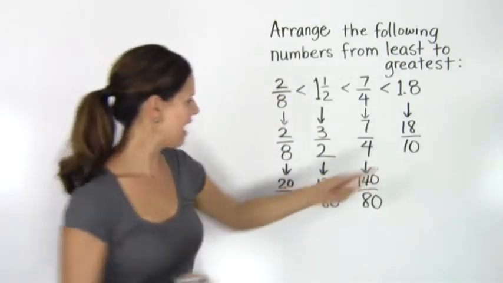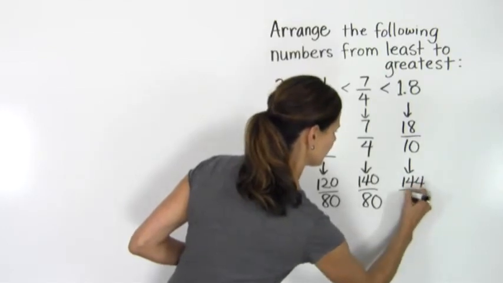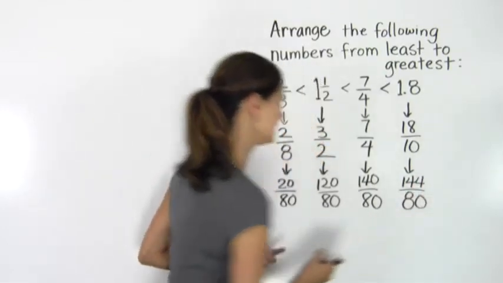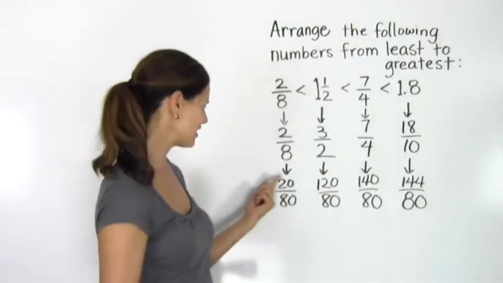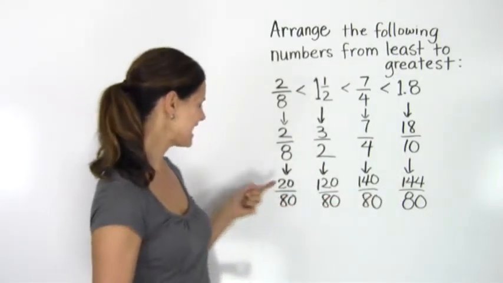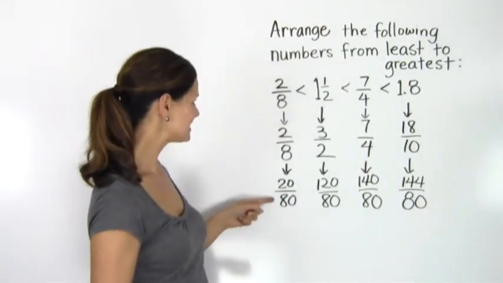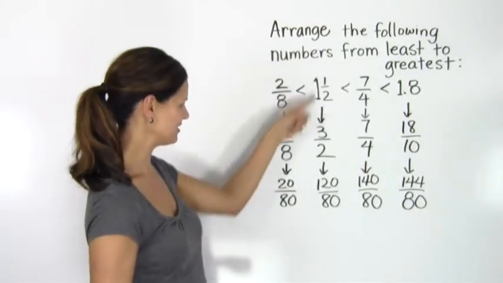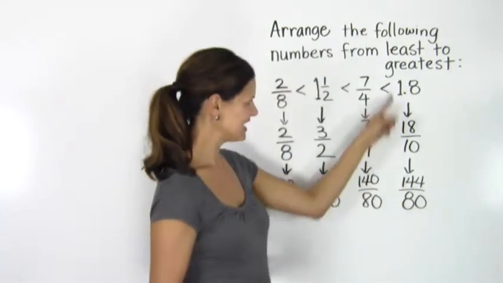And then we would have this last one here at 144/80ths. Now that we have common denominators, we can look at their numerators and see that they are indeed in order. 20/80ths is less than 120/80ths, is less than 140/80ths, is less than 144/80ths.